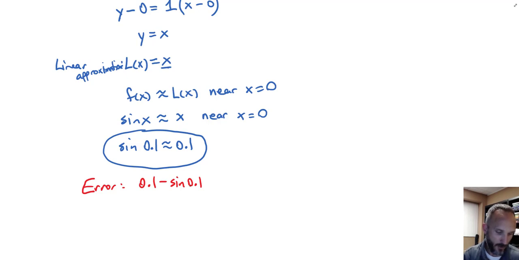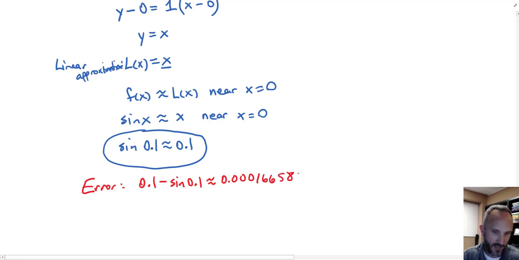Okay, so I do 0.1 minus the sine of 0.1. And in this case, my error is 0.0001665833532. And those are all the digits that my calculator shows me. But you can see it's a pretty good approximation.